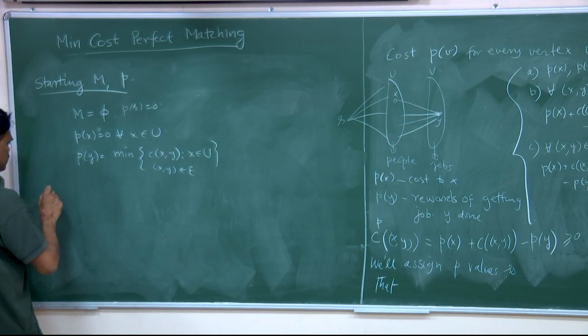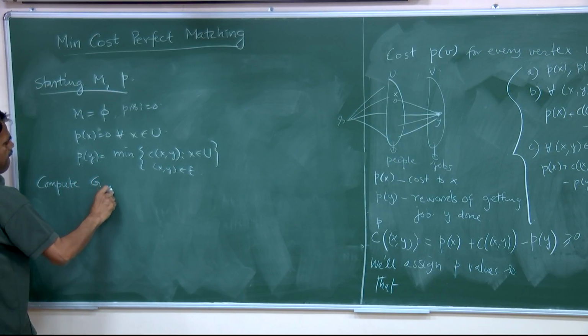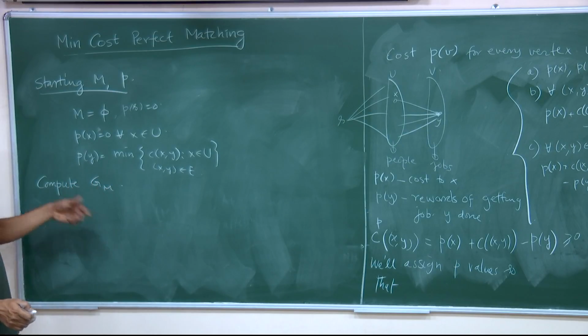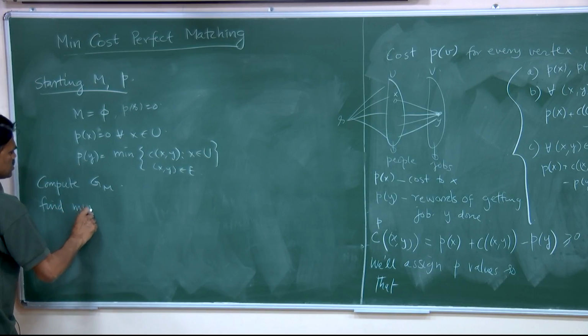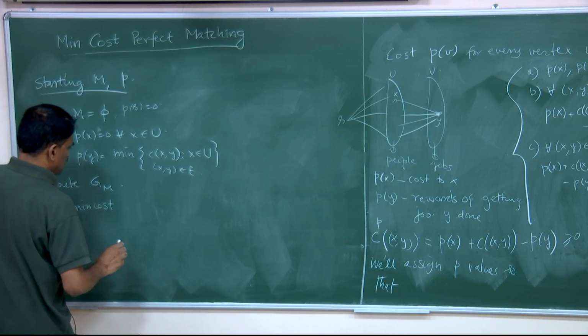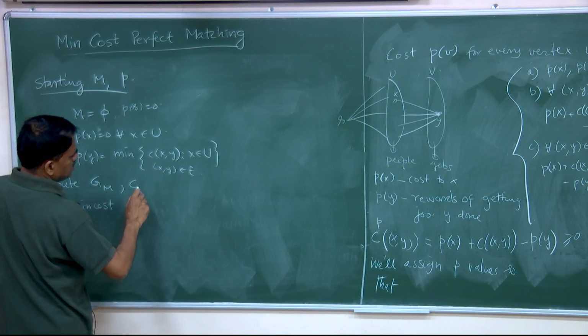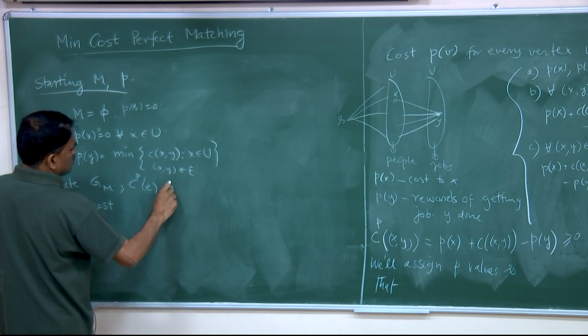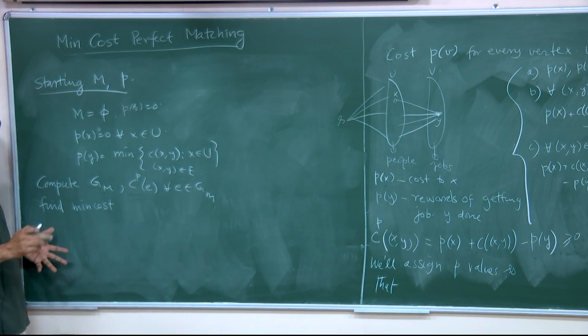Then compute G_M. I can compute the residual network for M with the costs. Find min cost, okay, G_M and the reduced cost. Because these reduced costs are all greater than or equal to 0, I can simply apply Dijkstra's.